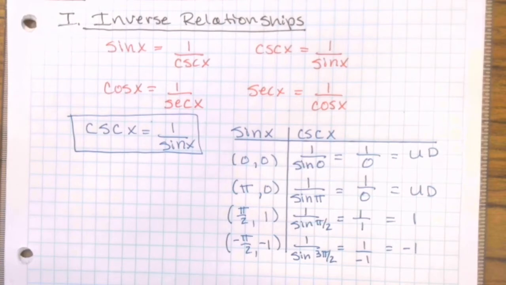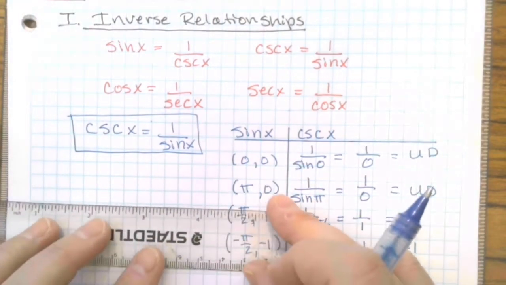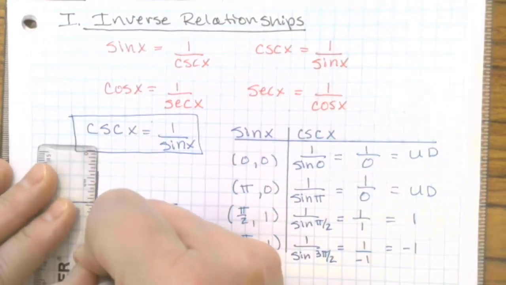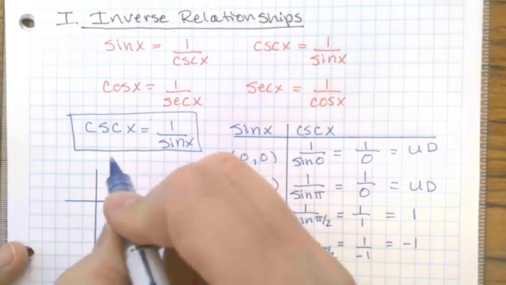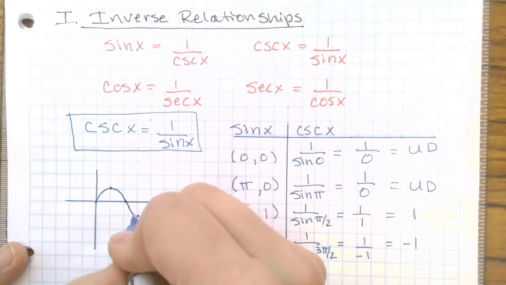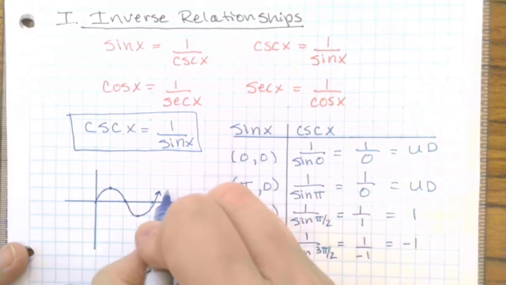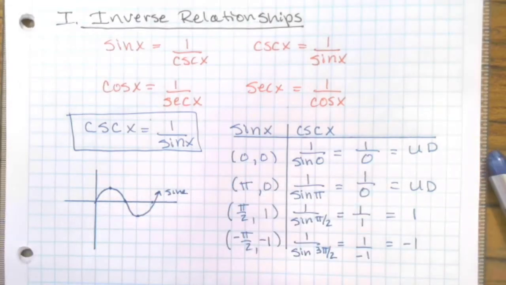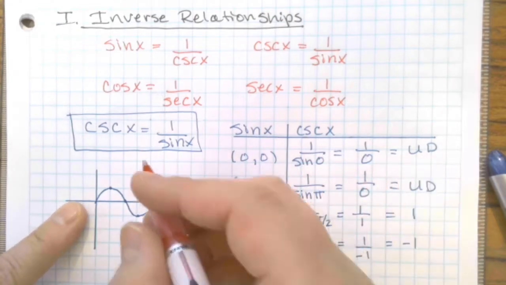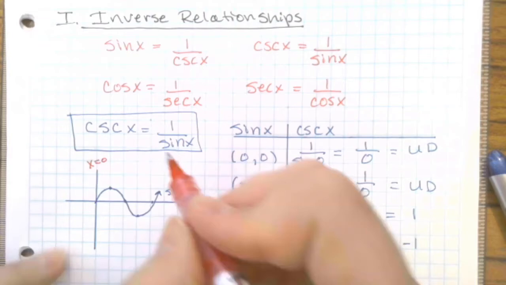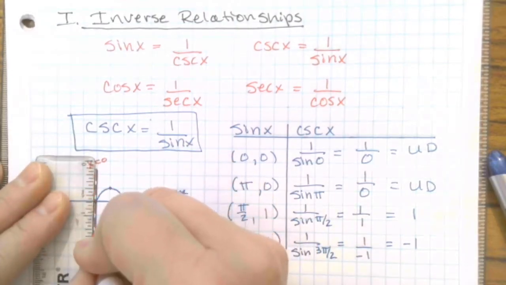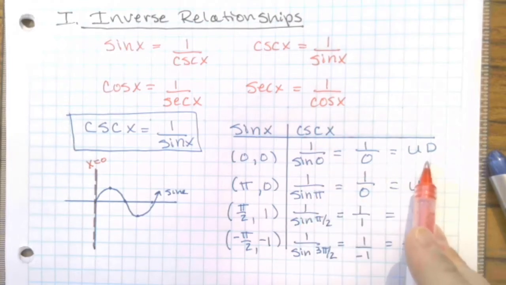So how does that influence what we're going to do for graphing? I'm going to draw a little mini graph here. Normally your sine wave goes up and then down and then up. That's your sine wave. At 0, cosecant of 0 is undefined, so at x equals 0 we have an asymptote because cosecant is undefined.